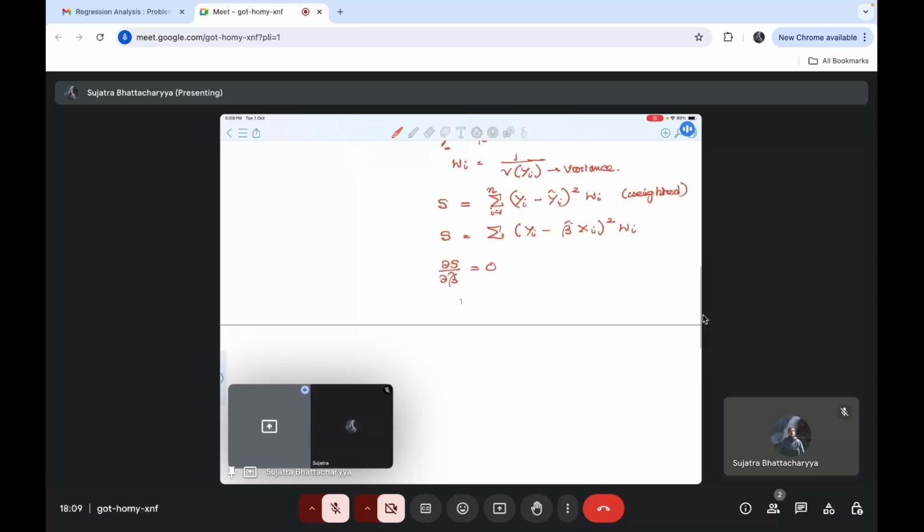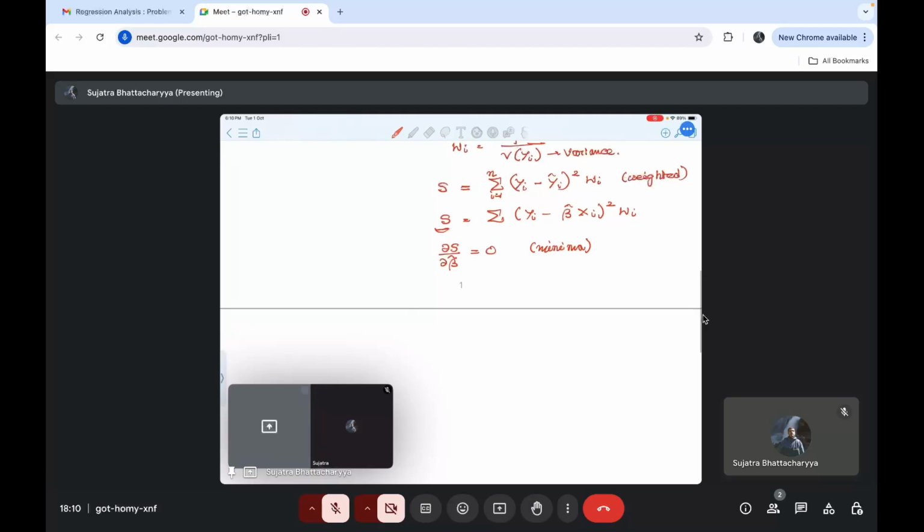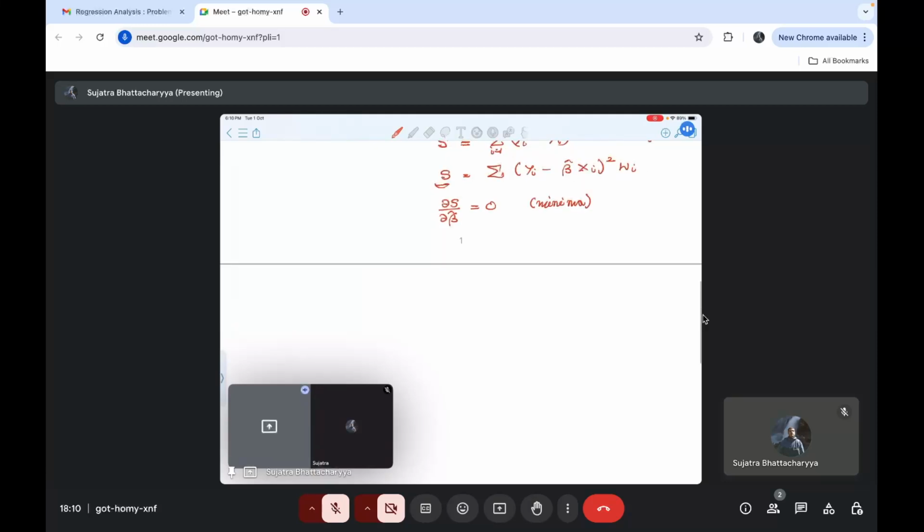Now this S has to be differentiated with respect to beta hat and put equal to 0 to satisfy the minima condition. And if you do it, then you can clearly see that the summation will be remaining here, 2 times yi minus beta hat xi, and you are differentiating with respect to beta hat, so it will be minus xi, right?